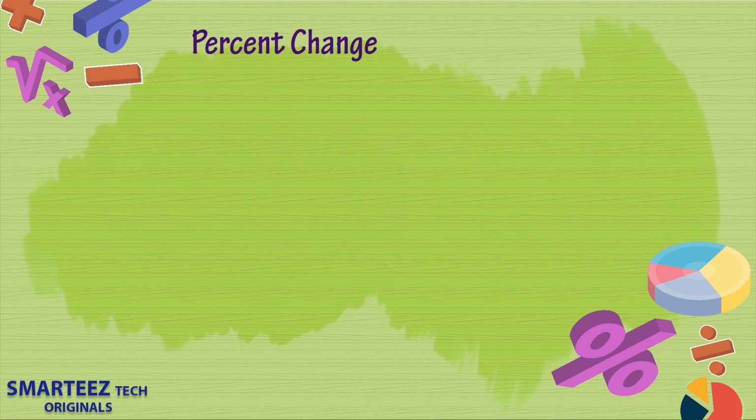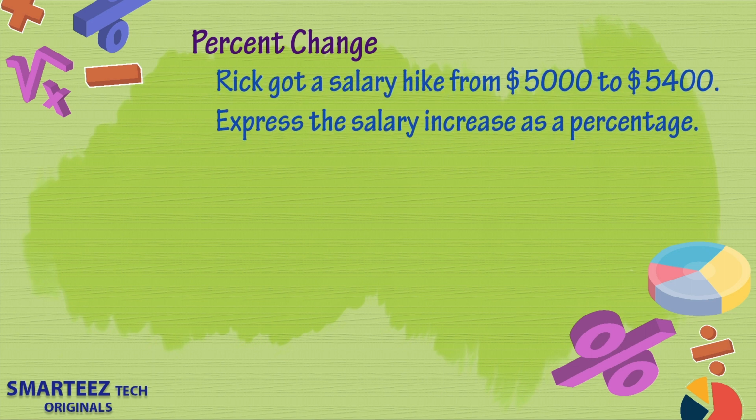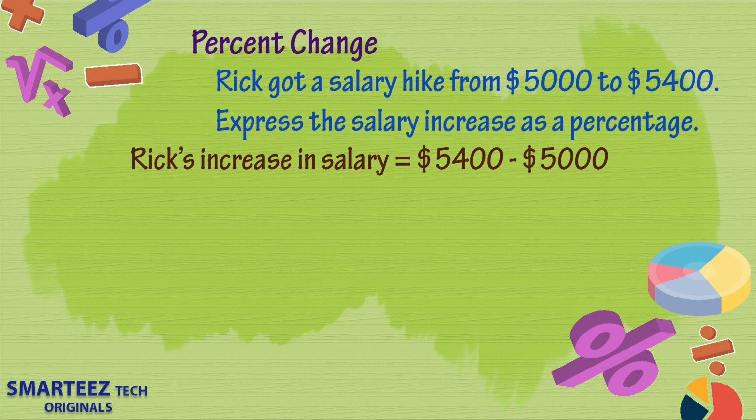Percent change. Let's see an example with change in percentage. Rick got a salary hike from $5,000 to $5,400. Express the salary increase as a percentage. Solution. Rick's increase in salary equals $5,400 minus $5,000, which equals $400. We can express change in value as a percentage using this formula.